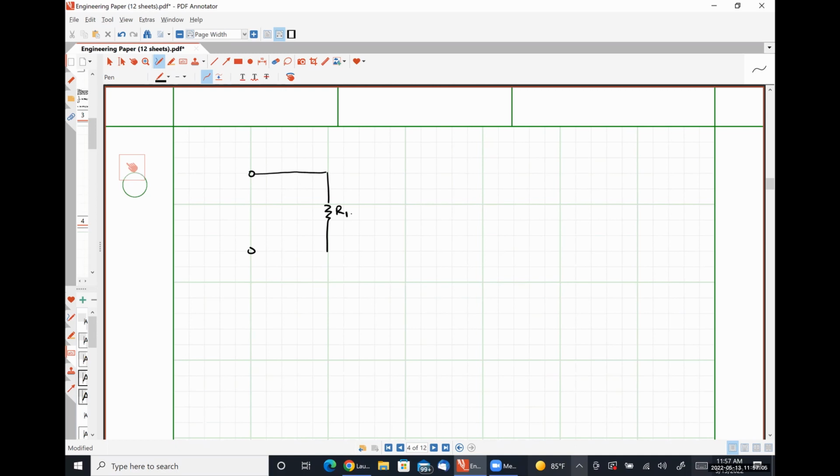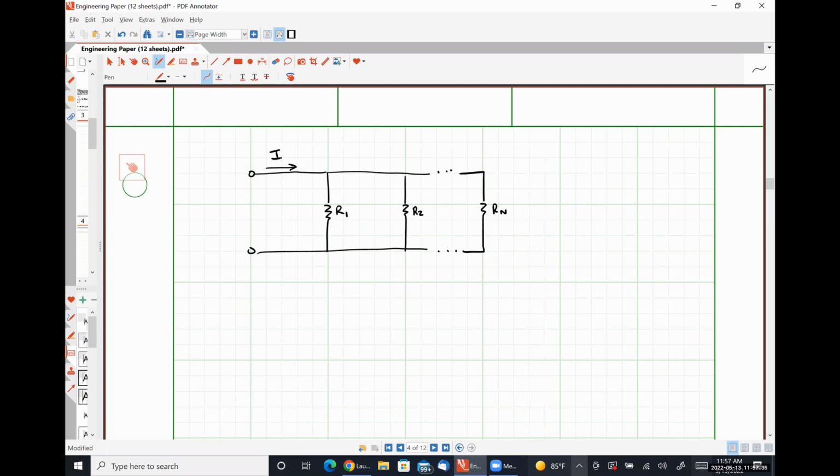So let's call this R1. Let's call this R2. Let's call this R sub n. And we know how much current I is flowing into that parallel combination of resistances.